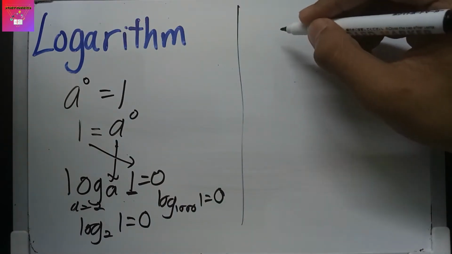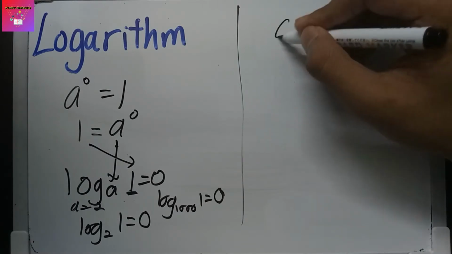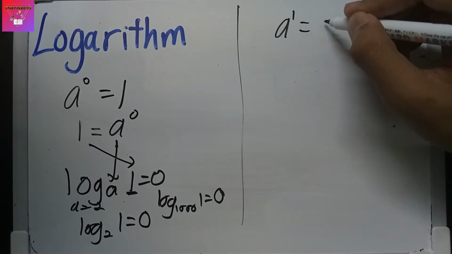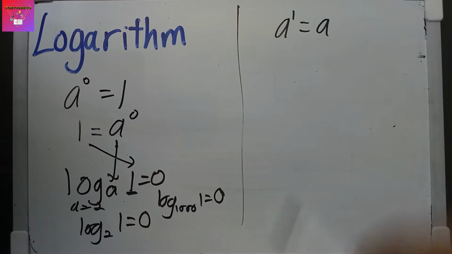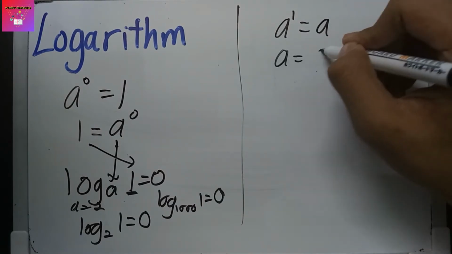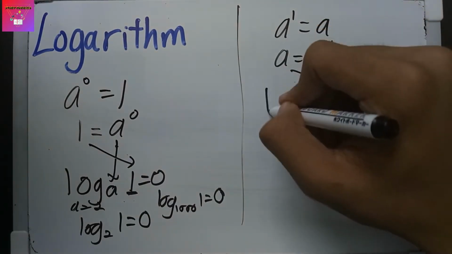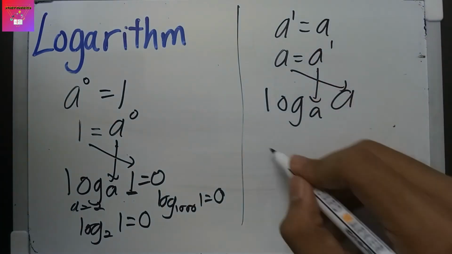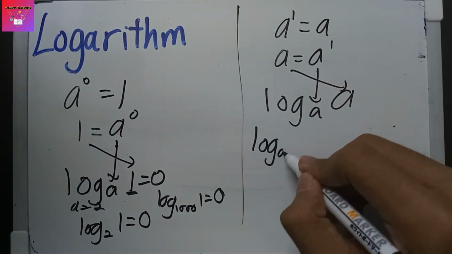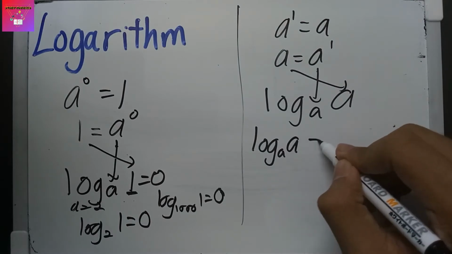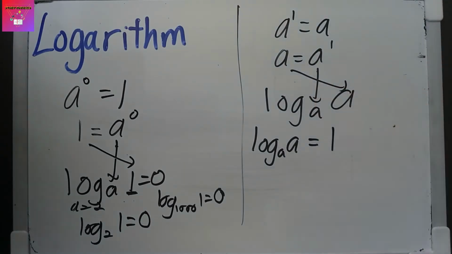Now let's look at another important thing which we have to take note of. Anything to the power of 1 is the same thing. So a to the power of 1 is equal to a. How am I going to convert it to logarithms? Again, I'm just going to pull arrows. So log a of a is equal to 1.